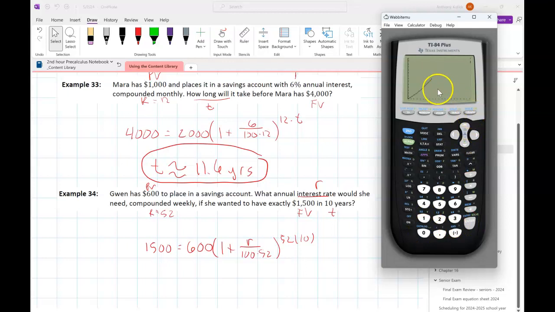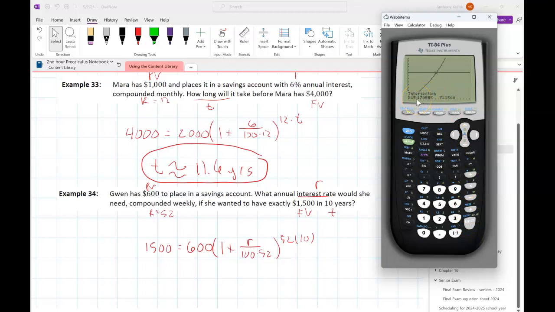So again, here's my compound interest curve. Here's my 1,500 line somewhere. Oh, did I not put it in? Oh, I forgot to put it in. There we go. So there we are, second trace, intersect command, enter, enter, enter.